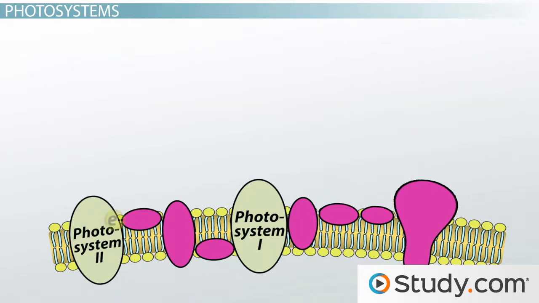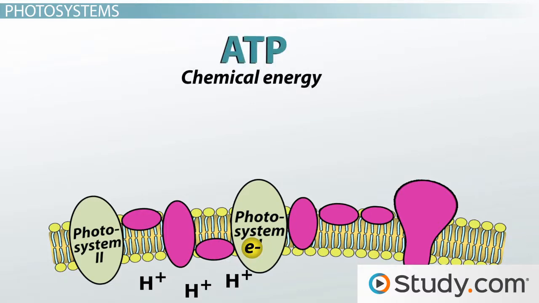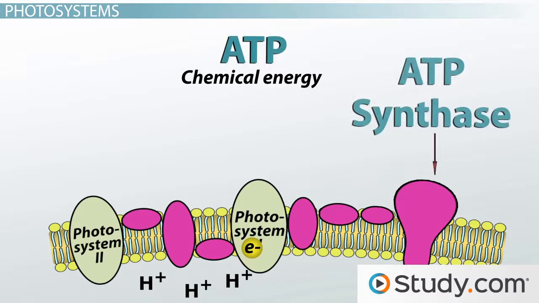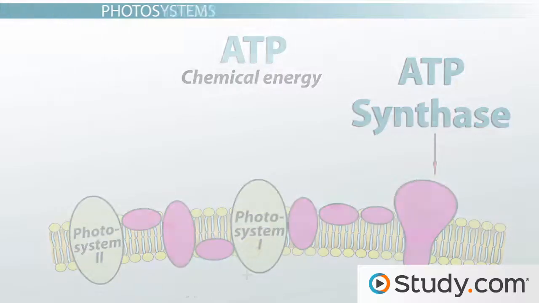The primary electron acceptor passes the electrons down to these membrane proteins as they decrease in energy level until they reach photosystem 1. Meanwhile, the electron transport chain of photosynthesis, just like cellular respiration, creates a proton concentration gradient that makes ATP, or chemical energy, as protons move through an ATP synthase.